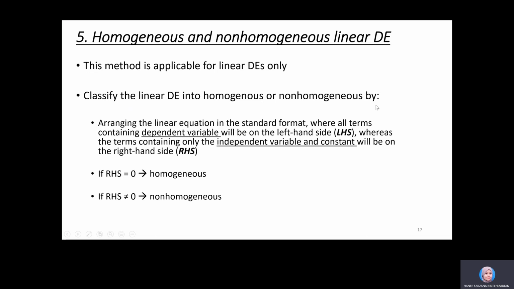First, we arrange it in the standard format, where all the terms containing the dependent variable are on the left-hand side, whereas all the terms containing only the independent variable and constants are on the right-hand side. Then we compare. If the right-hand side equals 0, it is homogeneous. If the right-hand side is not equal to 0, it is non-homogeneous.